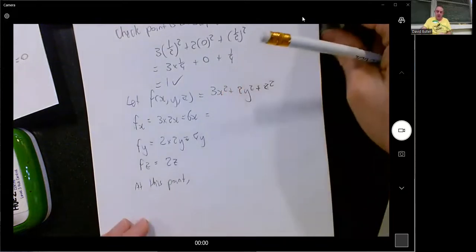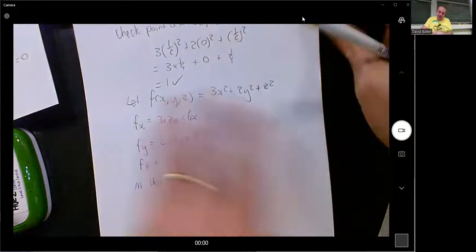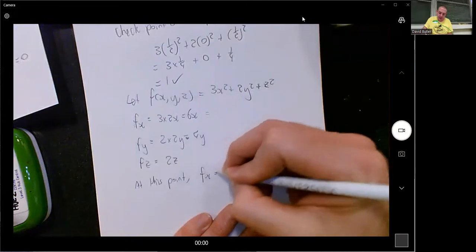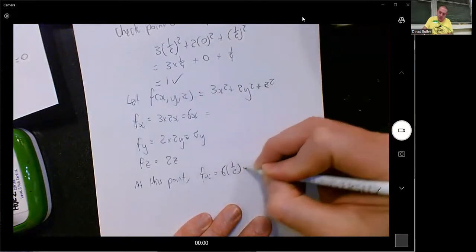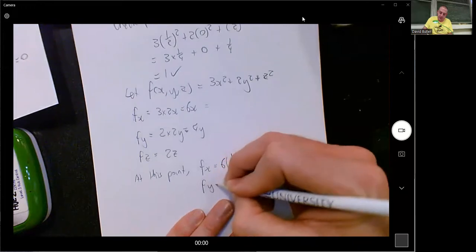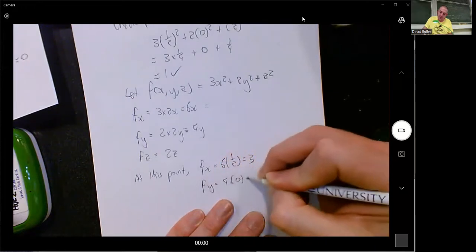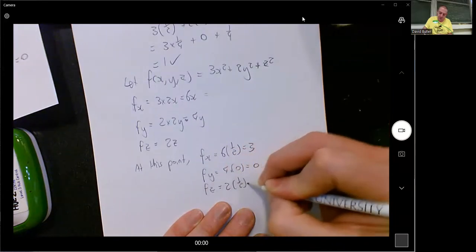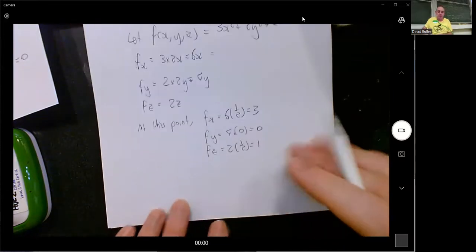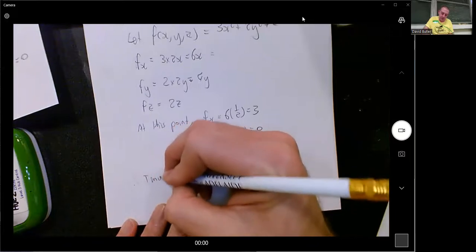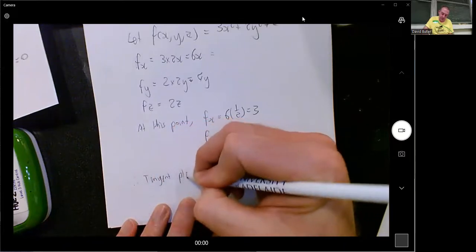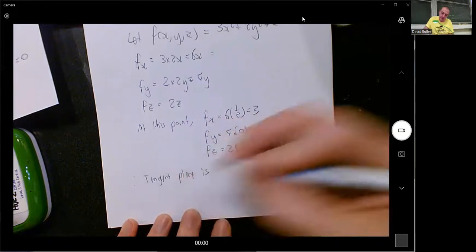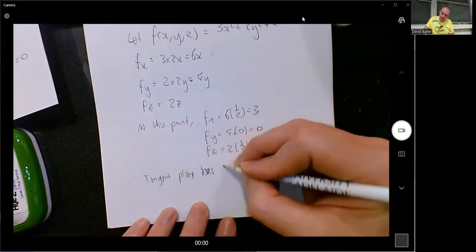At this point, f sub x is 6 times 1/2, which is 3, and f sub y is 4 times 0, which is 0, and f sub z is 2 times 1/2, which is 1. And so therefore the tangent plane has this equation.